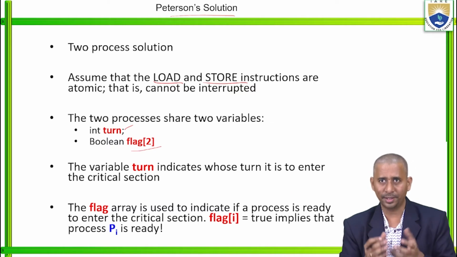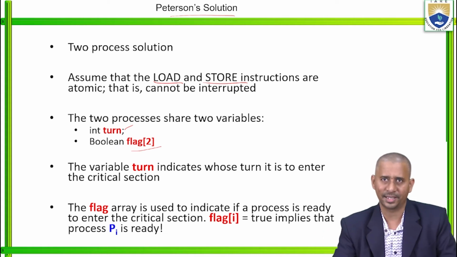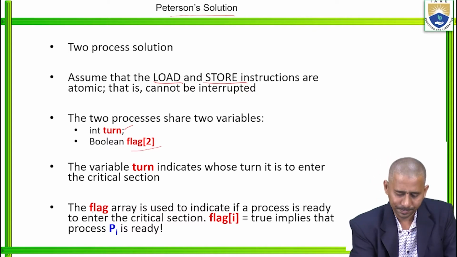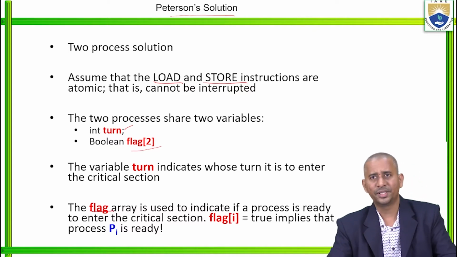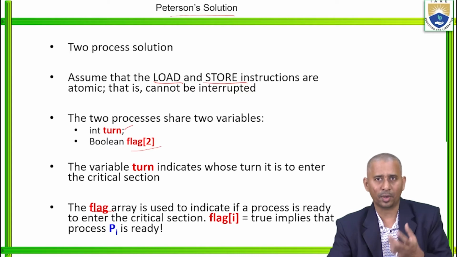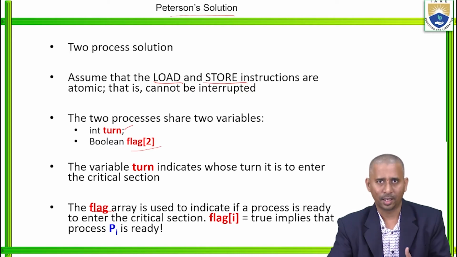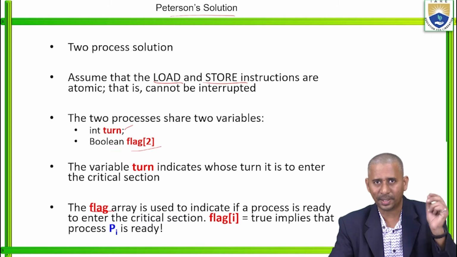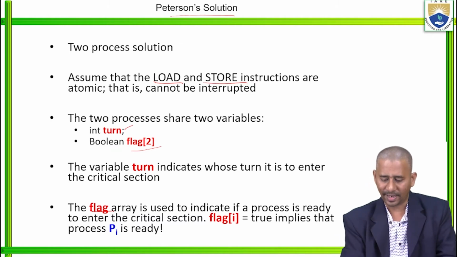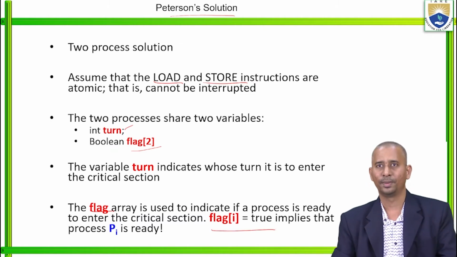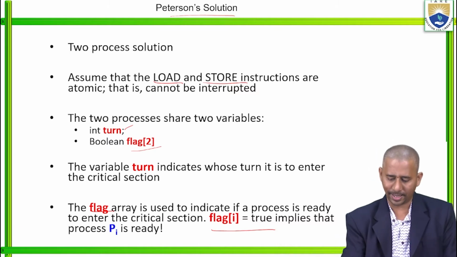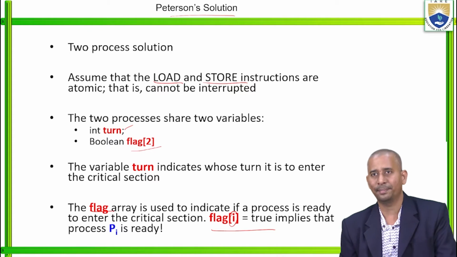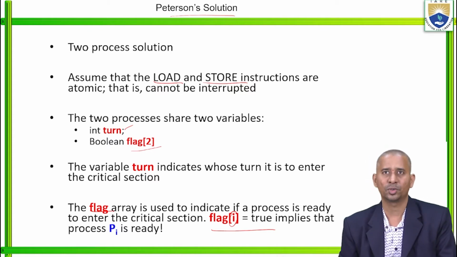The variable turn indicates whose turn it is, either P1 or P2, to enter into the critical section. Then the flag array is used to indicate if a process is ready to enter into the critical section. That is represented here: flag[i] equals true implies that the process Pi is ready. Here i represents the process number Pi: P1, P2, P3 and so on.